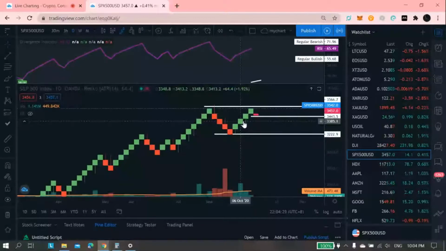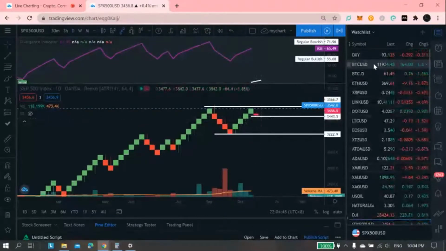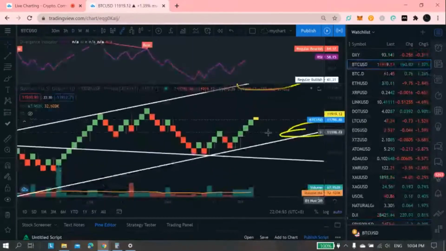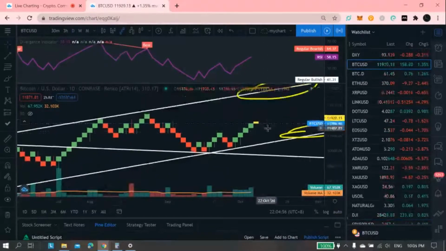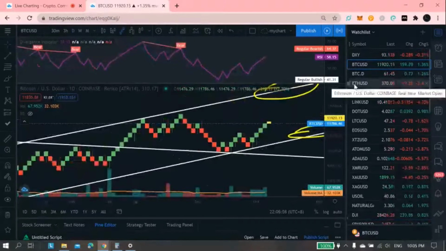Because a Renko chart has a fixed size, as long as it did not reach the fixed size around this area, it will not create or confirm a new bearish Renko, like what had happened to BTC. Actually, last Friday, if I'm not mistaken, it was creating a Renko, but then again, that's just a projected Renko.